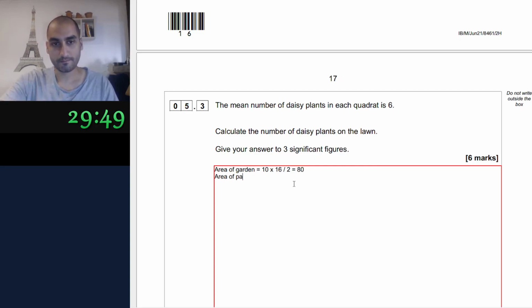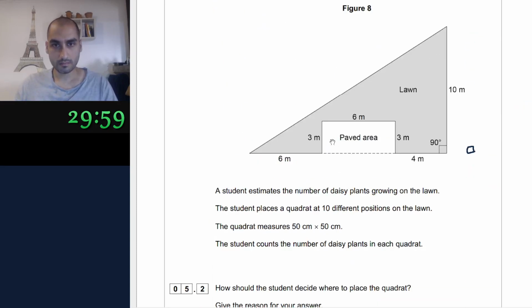Area of paved area equals 3 by 6 equals 18.